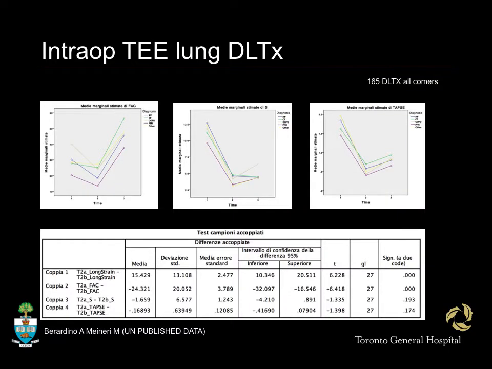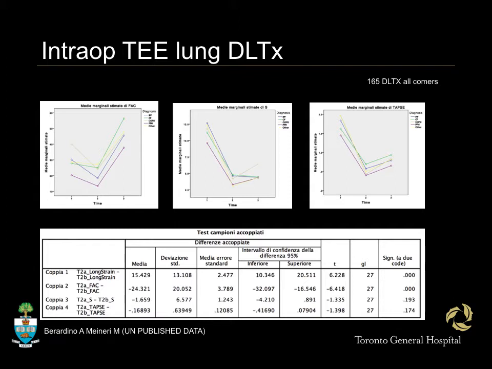This is a study that we did last summer with one of my medical students who spent 2 months analyzing right ventricles and processing them through software to do right ventricular strain measurement. And we wanted to look at our lung transplant population and see what happens to the right ventricular strain before and after transplant in the operating room.